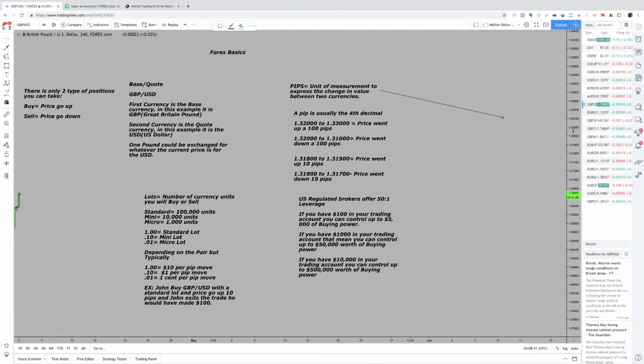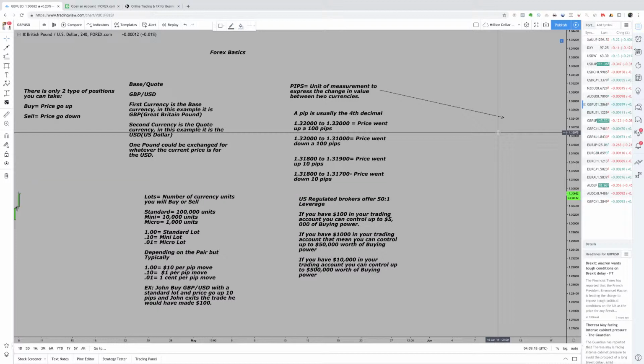Let's get into leverage, you all. U.S. regulated brokers offer 50-to-1 leverage. So for example, if you have $100 in your trading account, you can control up to $5,000 of buying power. If you have $1,000 in your trading account, that means you can control up to $50,000 worth of buying power.